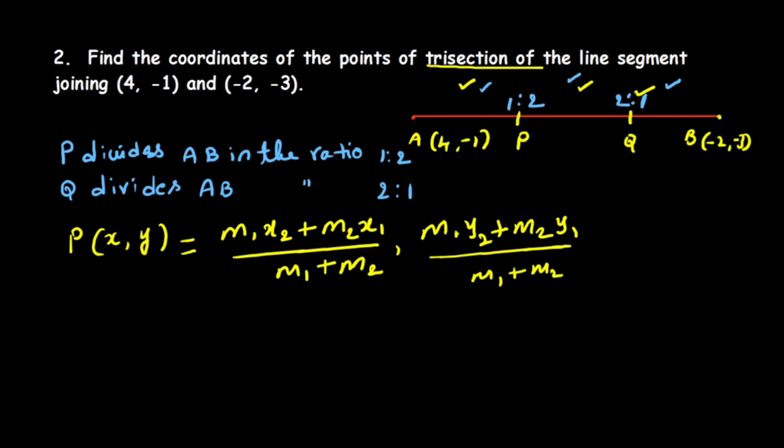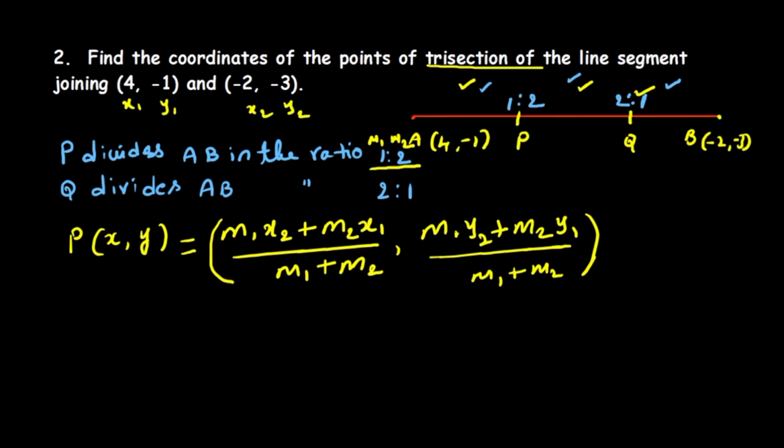Okay, now we are going to discuss the point P, right? So this is m1 and m2, and the 2 points are there already. This is x1, y1 and this is x2, y2.